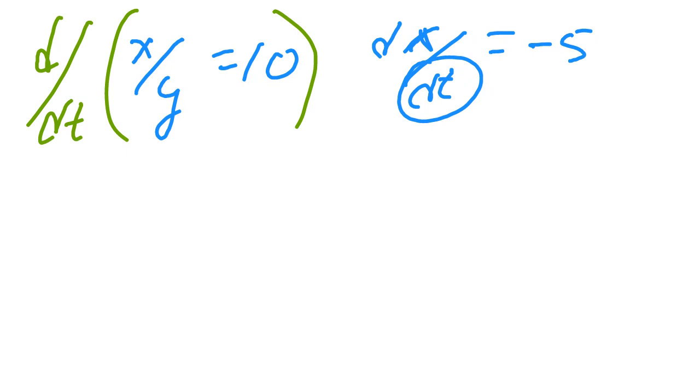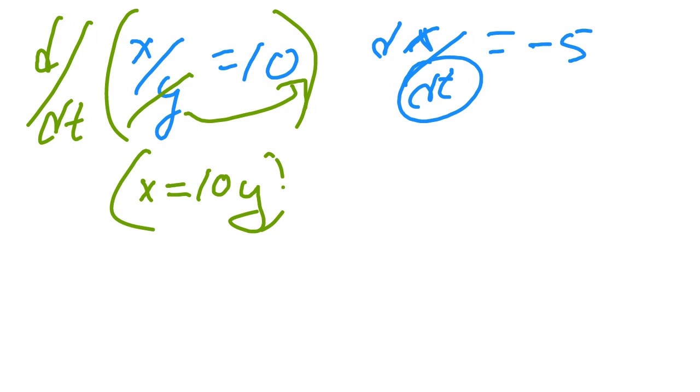I used the quotient rule on my key, but I'm going to make this a lot easier for you. I'm not going to use the quotient rule. I'm going to rewrite this as x equals 10y. So if I move that y up, I can do that, right?